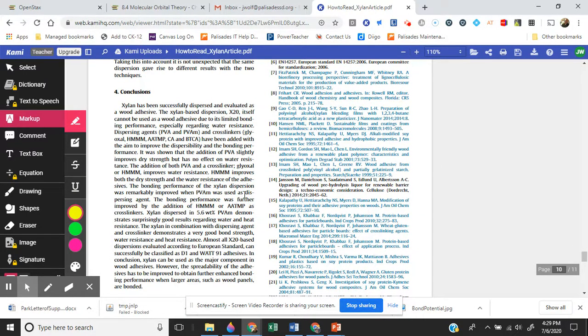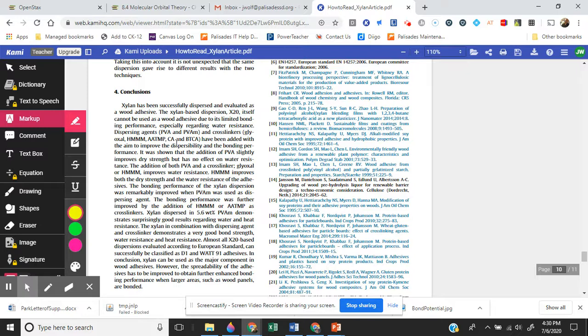Conclusions. Okay. It says that there are several abbreviations. Each just stands for a particular molecule. Don't worry about the identity of the molecule, just read the section for its overall results and then answer the questions. So it has X20, right? PVA, PVAM, all those kind of things. We're just going to skip those words.